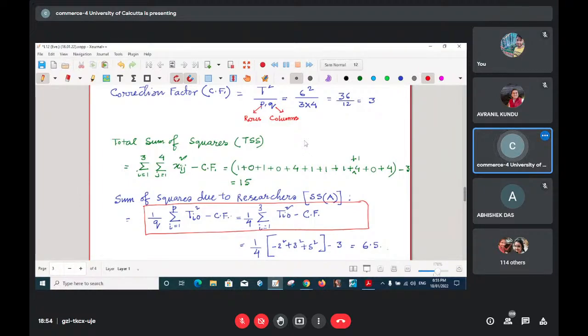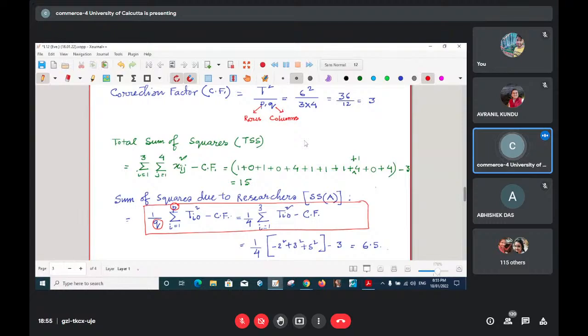So when it is P, that means number of rows, I am taking the square of the row totals and dividing it by number of columns. So be careful. How many columns are there? 1 by 4, columns are there. i goes from 1 to 3 because I told you P is equal to 3. T naught i means I am taking the row total, keeping column total fixed, minus correction factor.